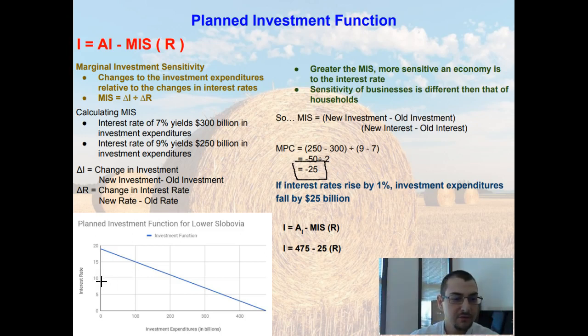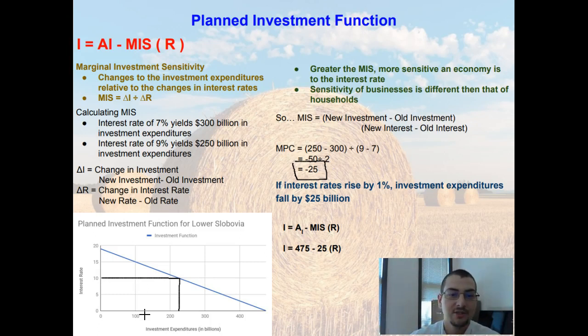Instead of losing just $250 billion at 10%, we would lose something like $500 billion worth of expenditures if the interest rate was at 10%.